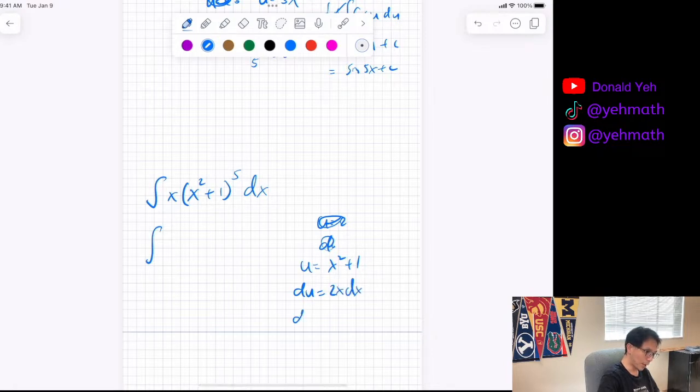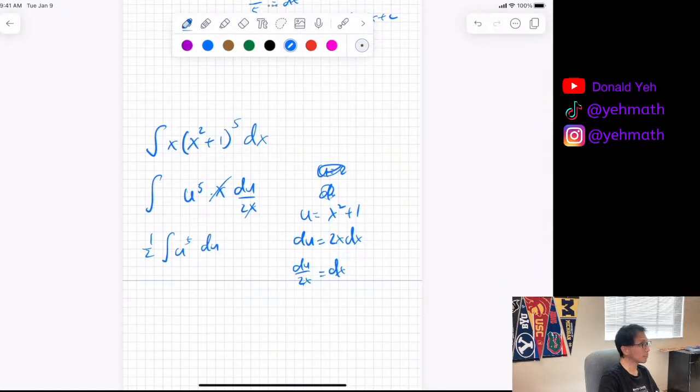And then you always solve for this, to kind of prevent that from happening. So u to the 5, there was an x, there was a du over 2x. See, there's a 1 degree difference, so they can cancel out. So it'll be 1/2 u to the 5th du. Is that okay? Yeah, but why do you need the 1/2? It doesn't cancel out.